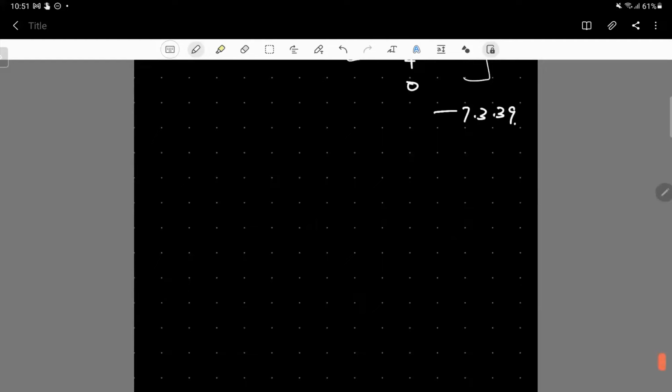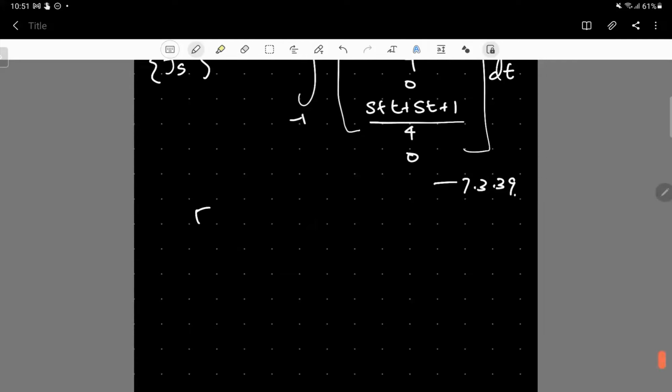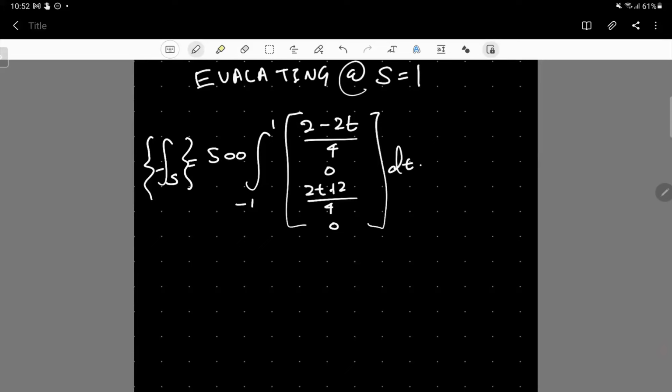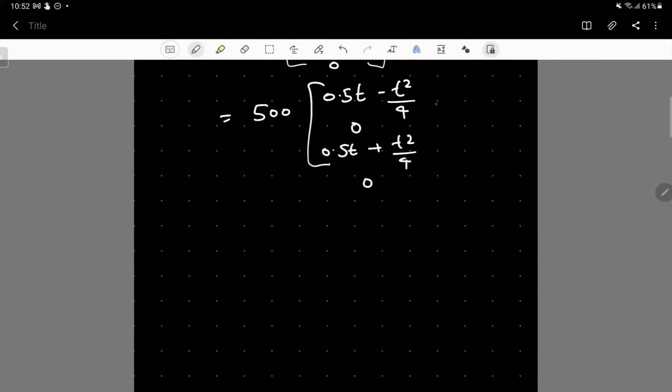By substituting S is equal to 1, because we are evaluating along the edge S is equal to 1, once we do the transformation and perform the explicit integration, what we obtain is Fs equal to 500 times (t plus t squared by 4) evaluated from -1 to +1.